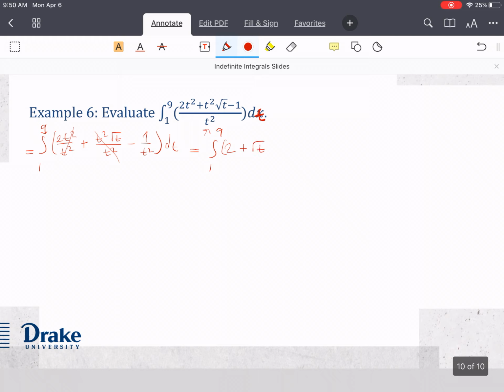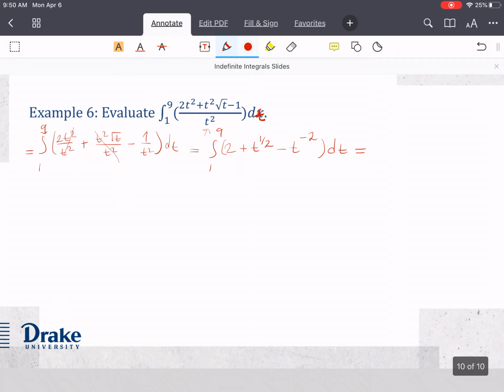root t. And I'm going to rewrite root t as t to the 1/2 for convenience. We don't need parentheses. t to the 1/2. And then minus t to the negative 2. I'm just going to rewrite that fraction, dt. Okay, so now I find their antiderivatives because I'm applying the Fundamental Theorem of Calculus Part 2.